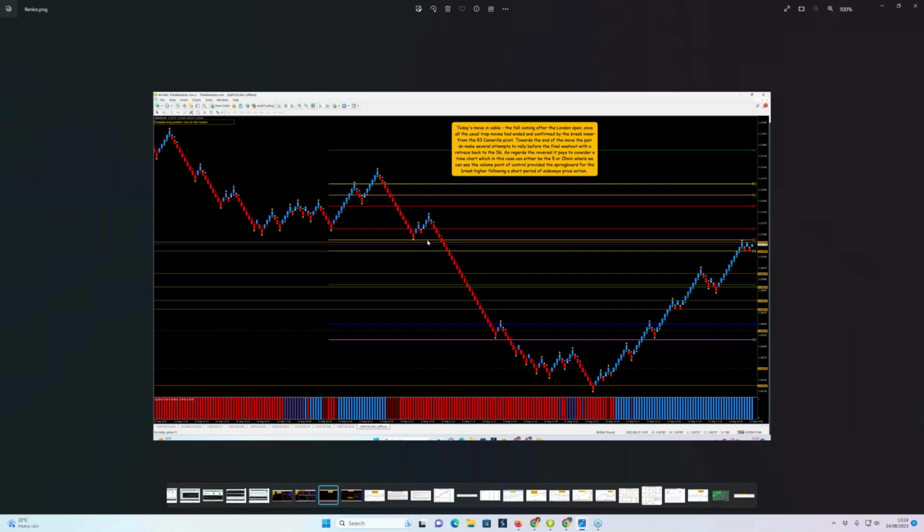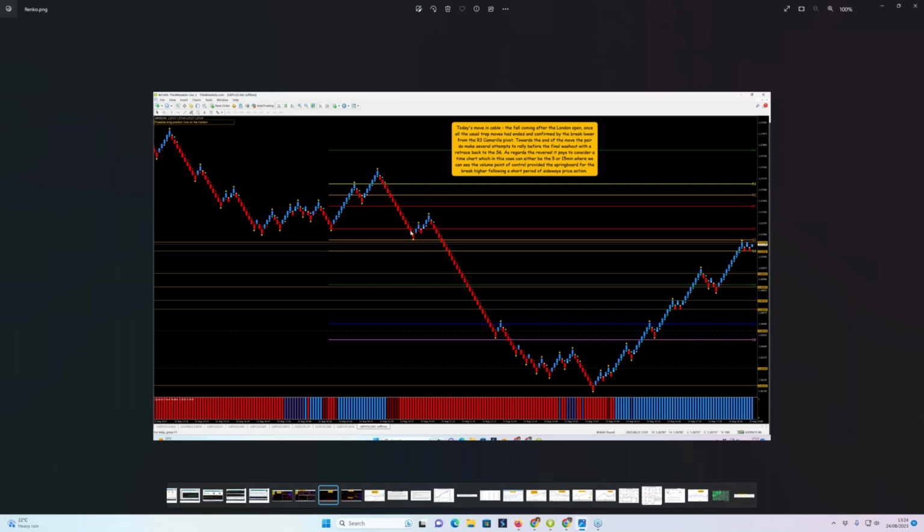What the Renko also does, it helps to absorb those pullbacks. Now, once a trend is underway, we can judge whether a pullback is genuine or not by using our VPA, because we want to see volume on the way down. When we see a pullback or a correction like this, what we don't want to see is the volume rising, because then we know that could be a genuine reversal.